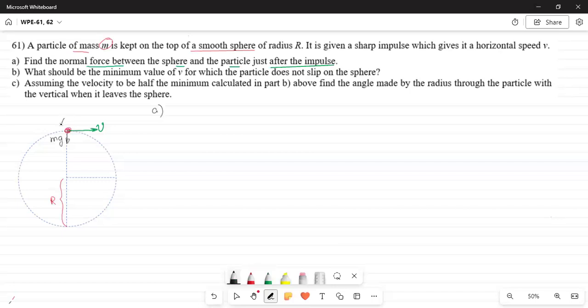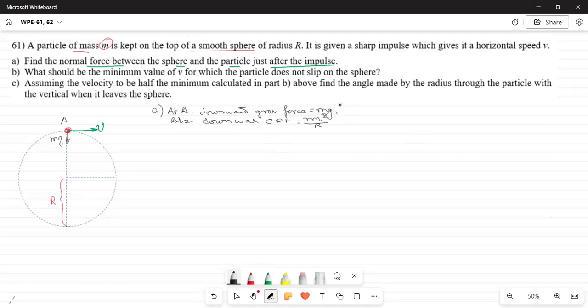Let us call this point as point A. We have to write at A, downward gravitational force, so downward centripetal force is equal to m v square by r.